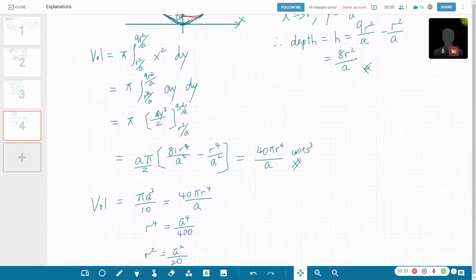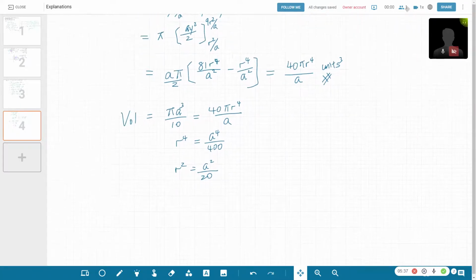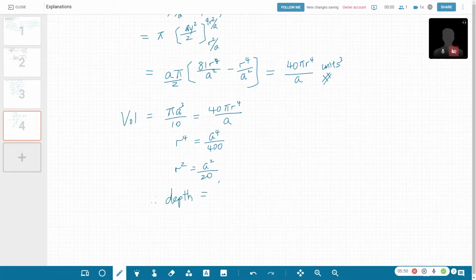Why did I put in r squared? Because the depth is a r squared over a, so I just leave it in terms of r squared. When we square root, of course, we need plus minus, but r squared will always be positive, so we don't need to bother about the minus. Therefore, the depth, which is 8r squared over a, equals 8 of a squared over 20 divided by a.